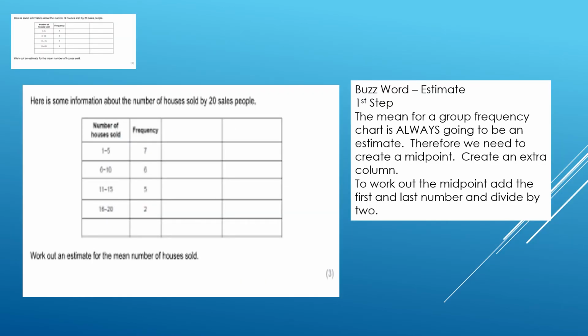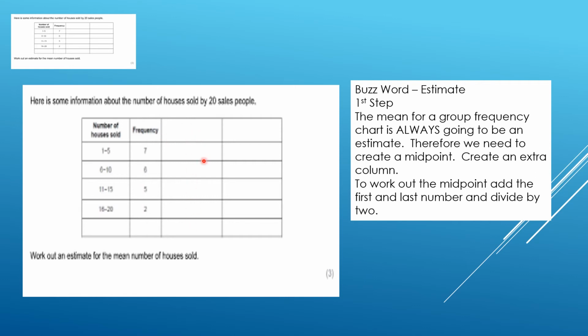Okay, let's start working out the method. So the first step is to create what is called a midpoint, and this is because we don't know the precise nature of the decimal of the numbers. We need something to work with, and we do this by creating a midpoint.